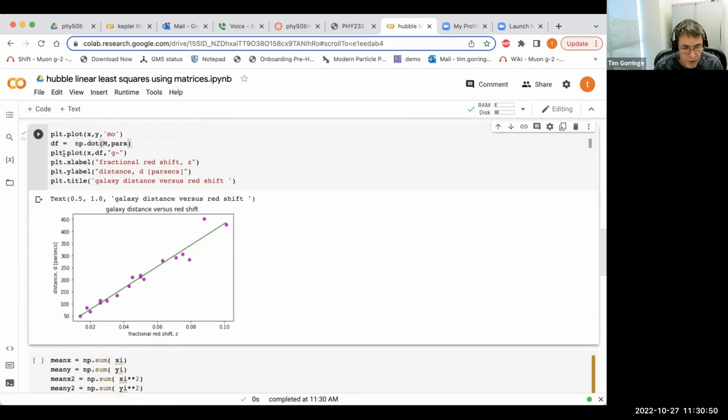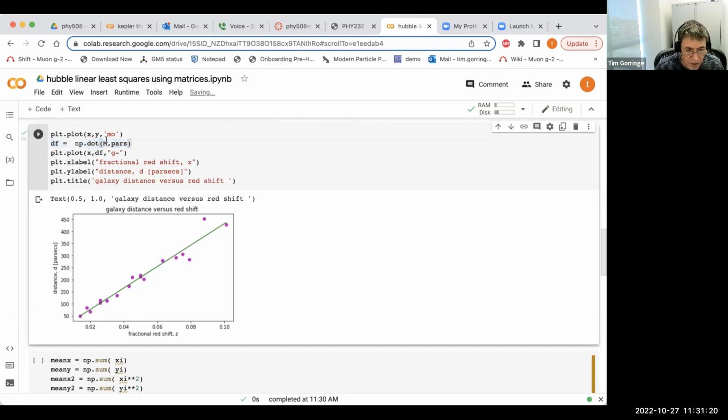To obtain the best fit line, I just used this equation here. This was our starting point in our vector matrix formulation of this straight line fit problem. Remember we said that we could write the relationship between the dependent variables, the independent variables, and the parameters as this particular product.